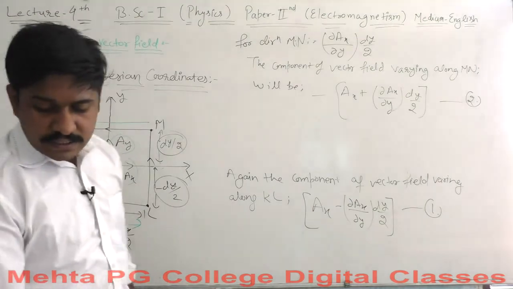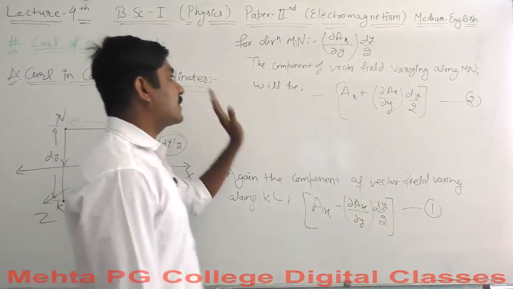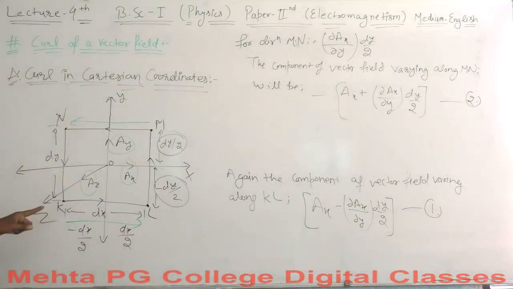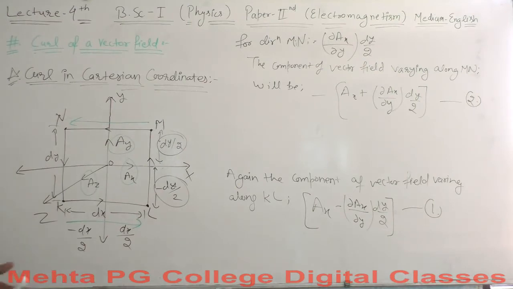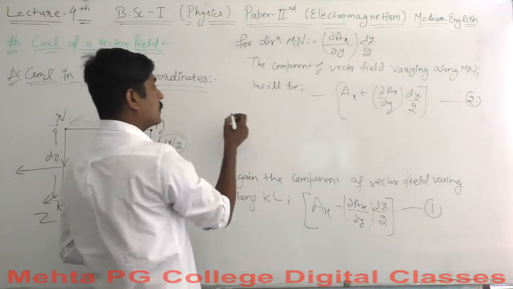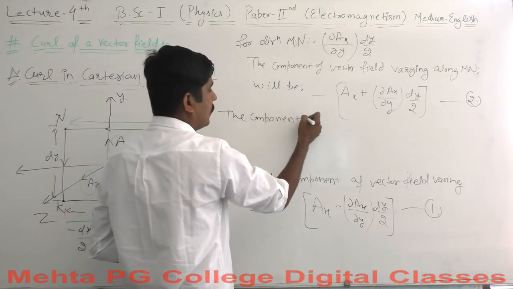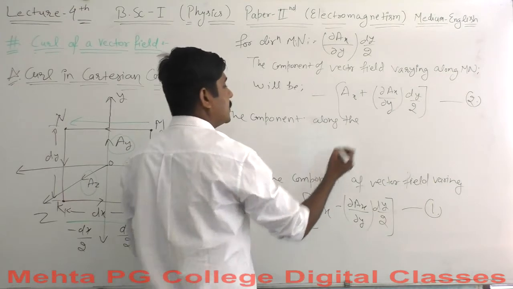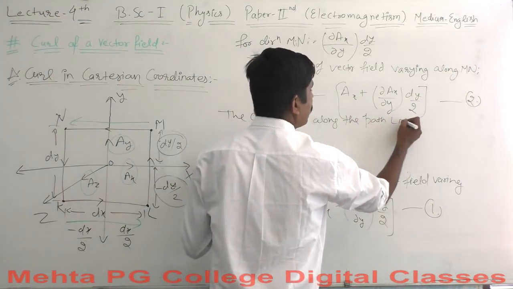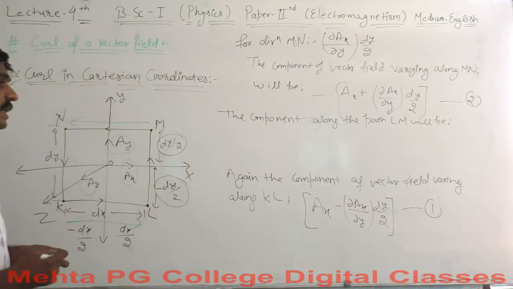Okay, we have talked about the rate of change of the component of vector field varying along KL and MN. Now it is done for NK and LM. So what will be about NK and LM? What will happen? The component along the path LM will be, what will be the component where the change takes place?